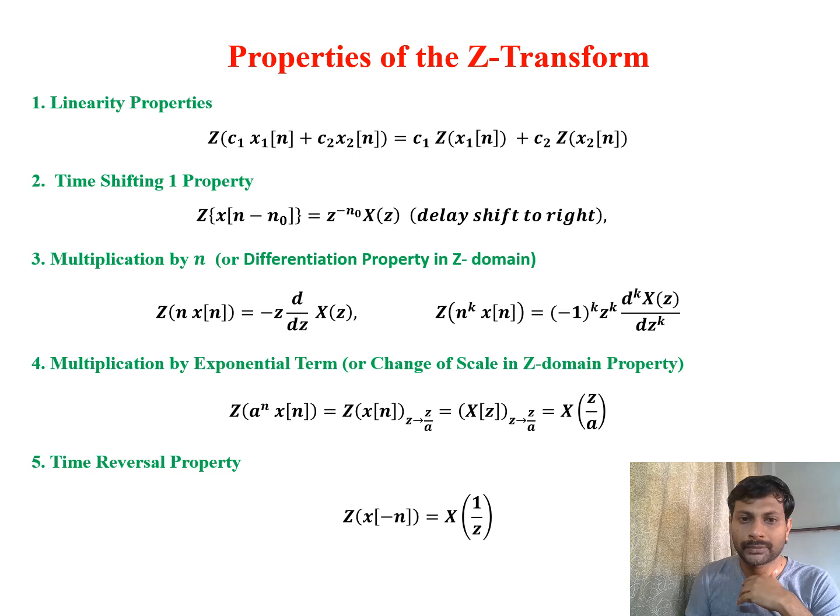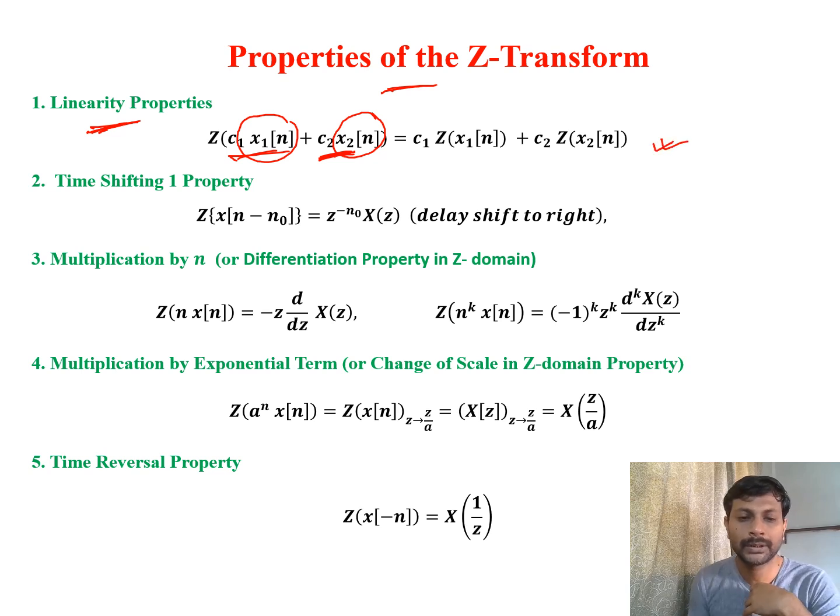Now the properties of the Z transform. The linearity property you are already aware of. Linearity means if there are two separate functions, then we can take the individual Z transform of the two functions and add them up. So this is the linearity property.